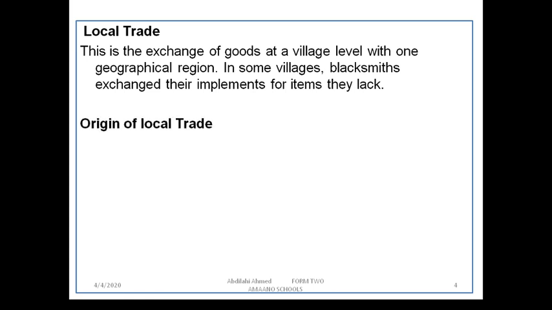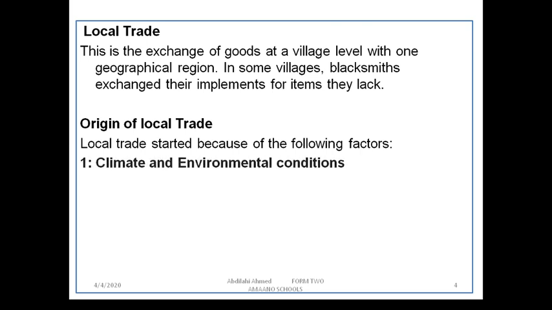So what was the origin of local trade? Why did local trade start? Local trade started because of the following factors. What are those factors? Number one, climate and environmental conditions.